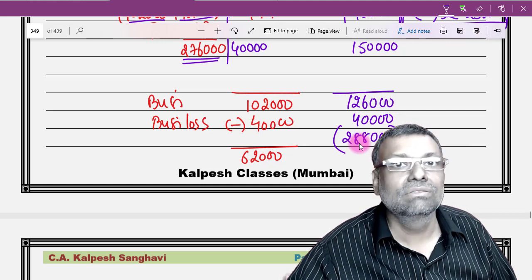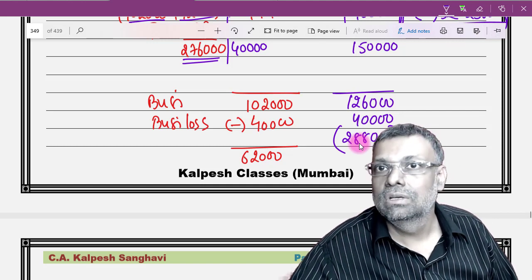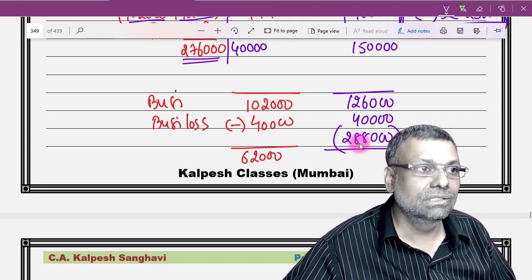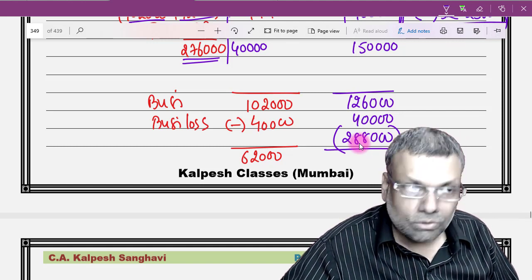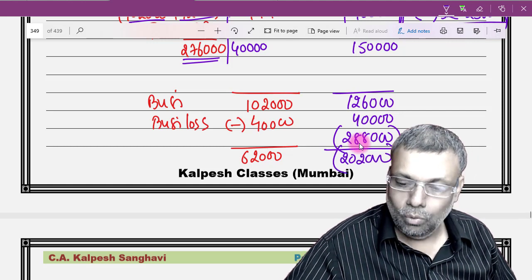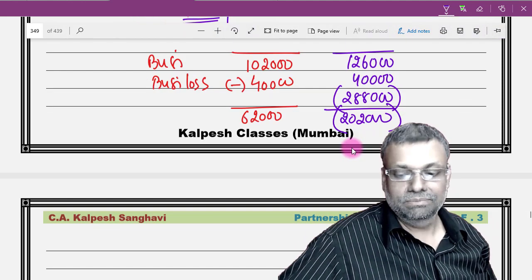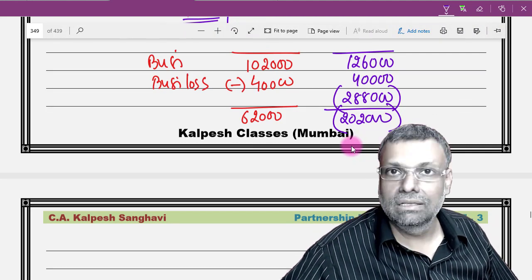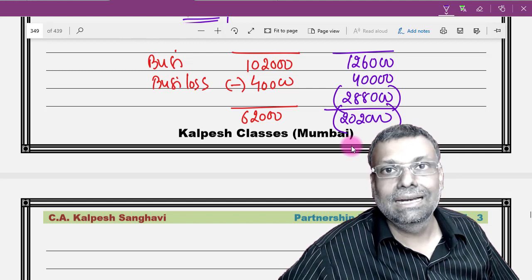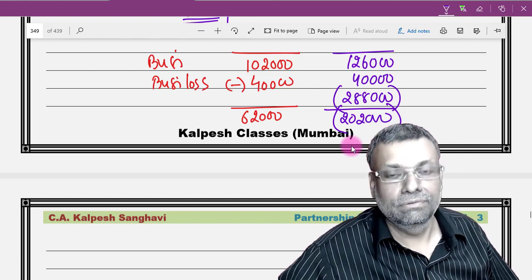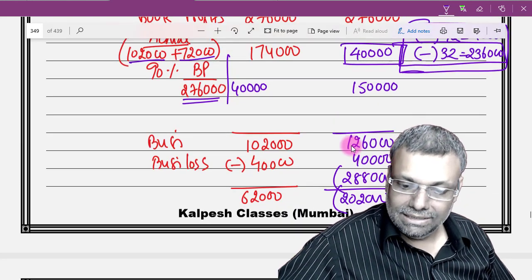So I know that I have sufficient other head incomes to set off this particular figure, and accordingly my net business loss in the outside column will be 2,02,000 after doing the depreciation adjustment, which I will then set off against the capital gains and other sources as the case may be, and thereafter calculate the tax liability of this particular firm. So this was the main adjustment.